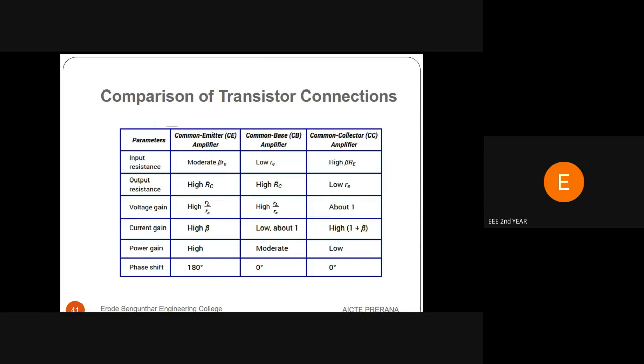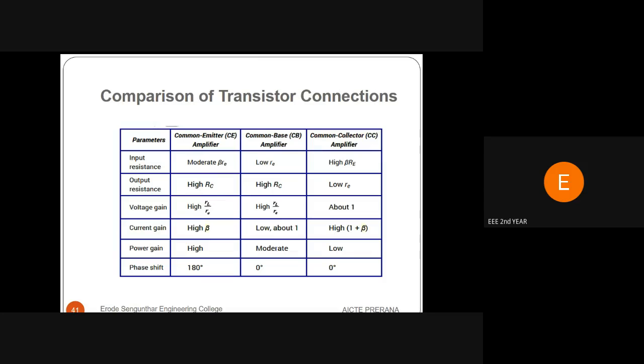Now let us discuss comparison of these three configurations based on their parameters. The parameters are input resistance, output resistance, voltage gain, current gain, power gain, and phase shift between input and output. So first parameter is input resistance.